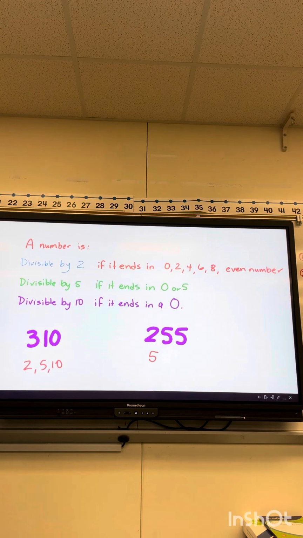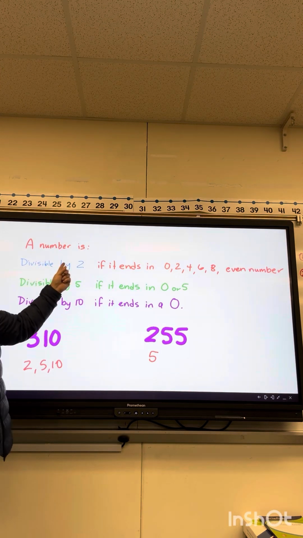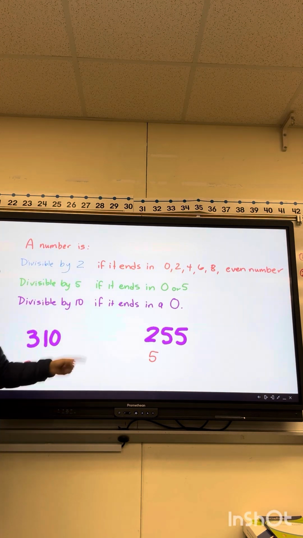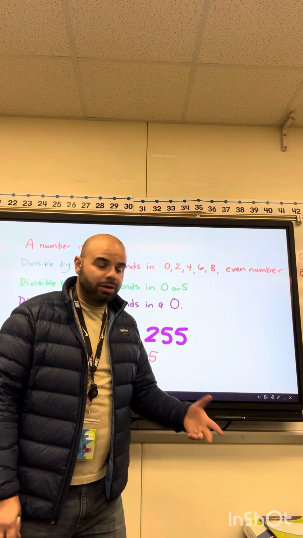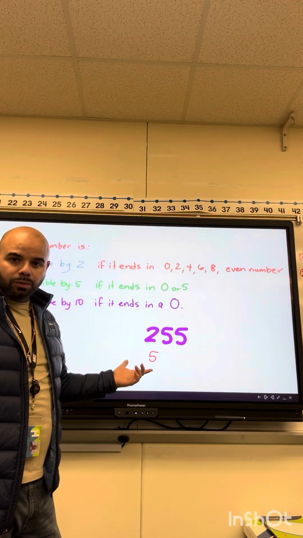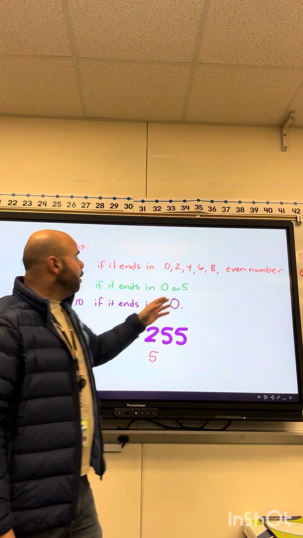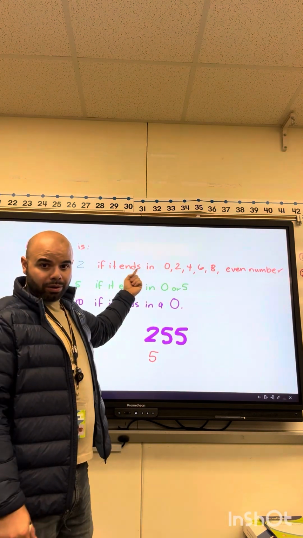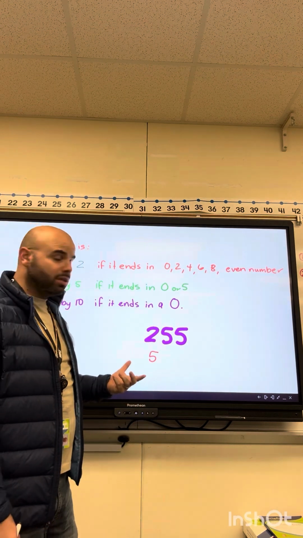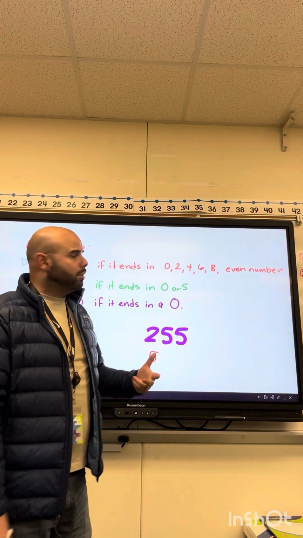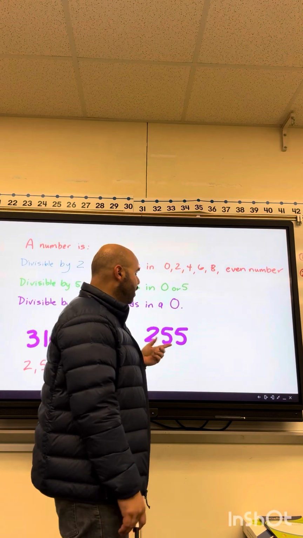A number is divisible by 2 if the number ends in 0, 2, 4, 6, or 8. Ends is the keyword, not if the number has a 0, 2, 4, 6, 8, but if it ends in a 0, 2, 4, 6, 8.